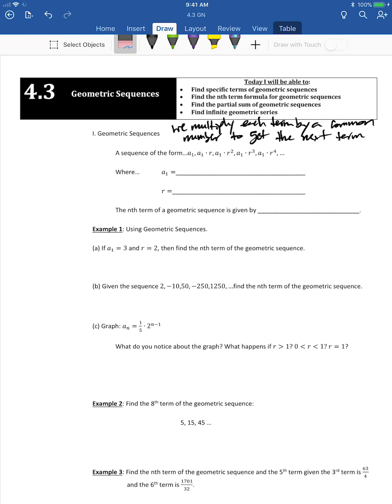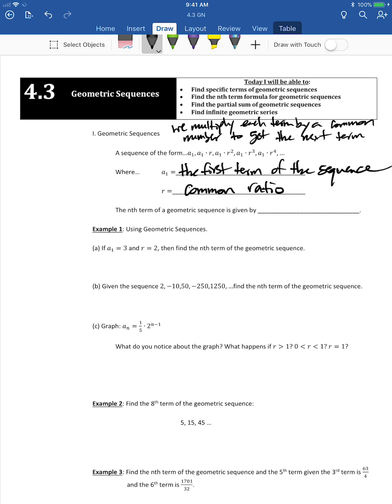So I'll erase this again just like before so we can see. So a sub 1 is still the first term in the sequence. And then r is what we call that common number that we're multiplying by. We call that the common ratio. So for arithmetic sequences, we have the common difference, d for difference.